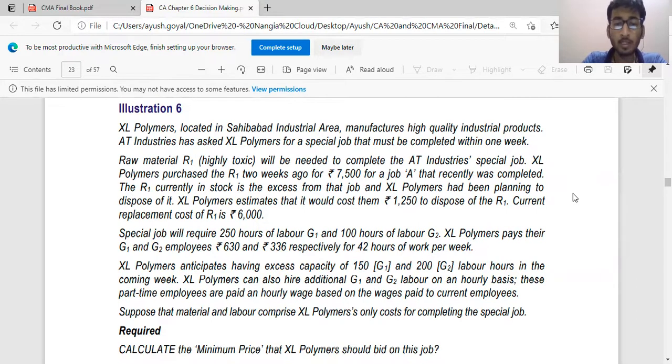Excel Polymer can also hire additional G1 and G2 labor on an hourly basis. These part-time employees are paid an hourly rate based on the wages paid to current employees. Suppose the material and labor comprise Excel Polymer's only cost of completing the special job.